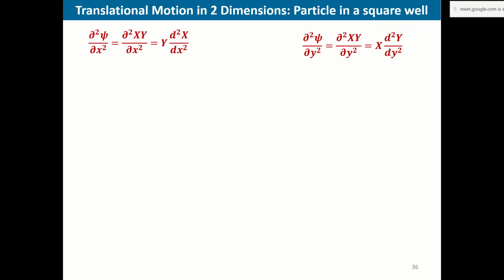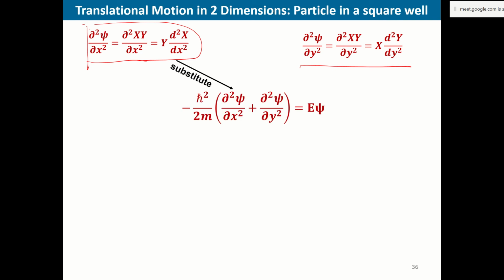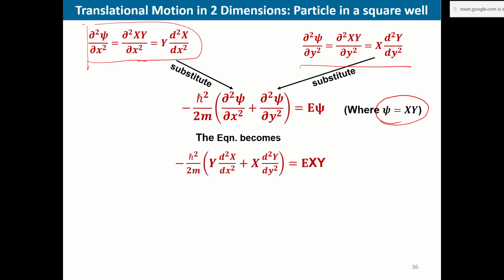And so we have two equations, one depending only on x, and one on y. Then we substitute in this equation. Of course we have psi equal to XY, so we replace psi with XY and these two partial forms are substituted from here, and the equation will look like this.